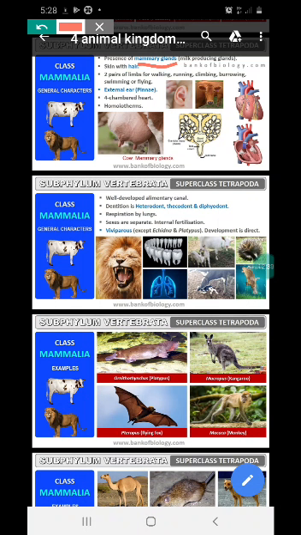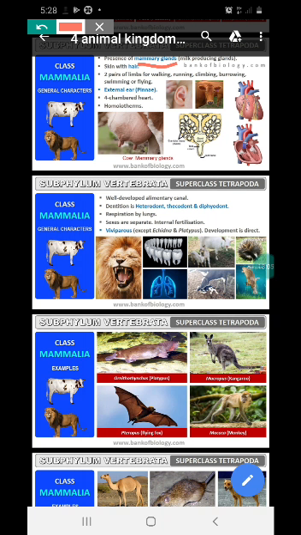The skin is provided with hair or fur. In many animals, like goat, bear and all those animals, they have thick hairs on their body, which we call fur. Others, we all have hair on our body. And we have 2 pairs of limbs, of course, but 1 pair is used for walking and the other pair is used as hands for doing various work.